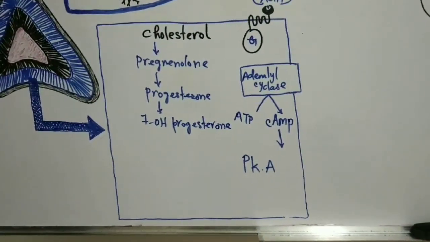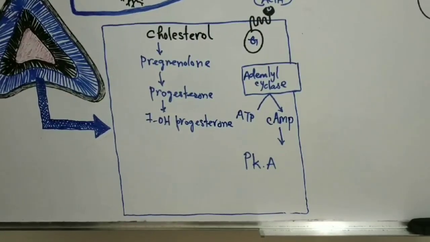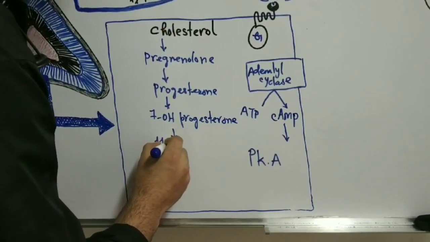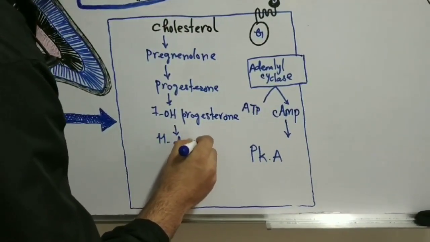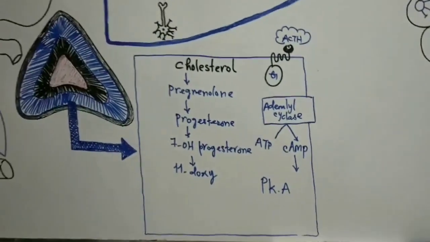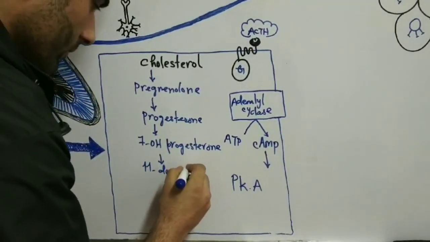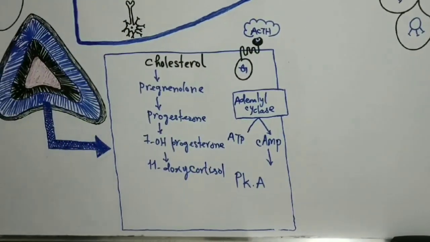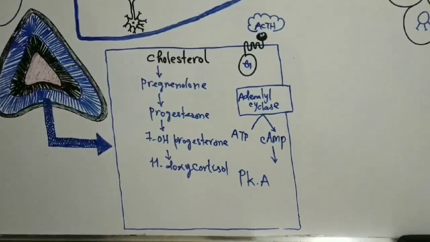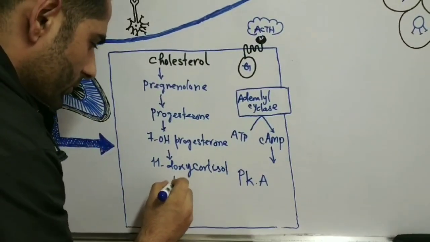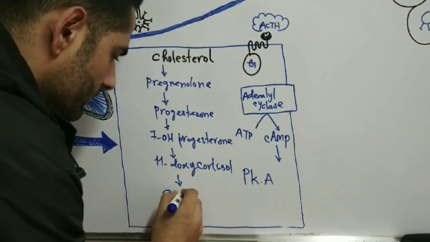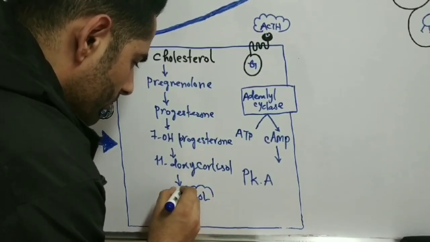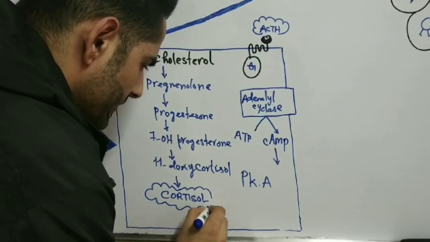From the 17-hydroxyprogesterone, there is the formation of 11-deoxycortisol, and from the 11-deoxycortisol there is the formation of cortisol, which is our final product which we actually want.